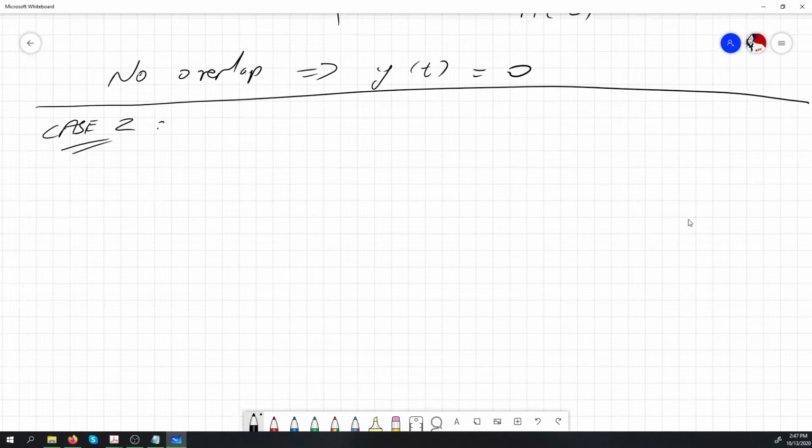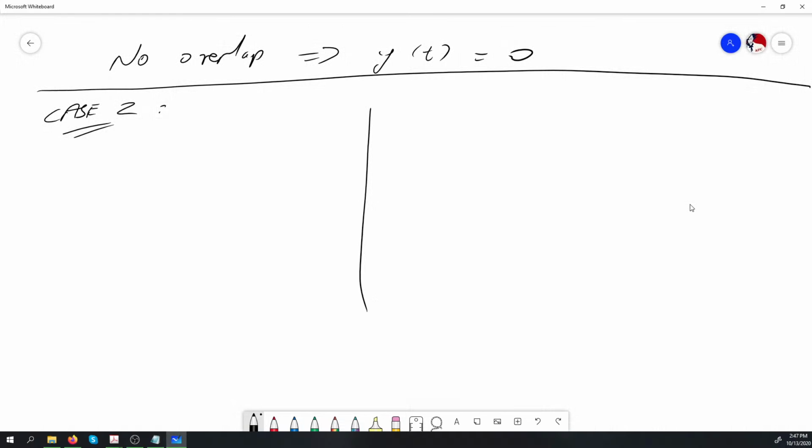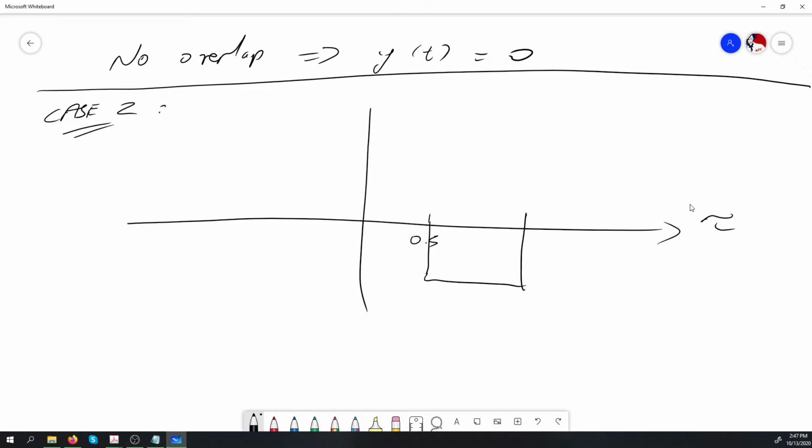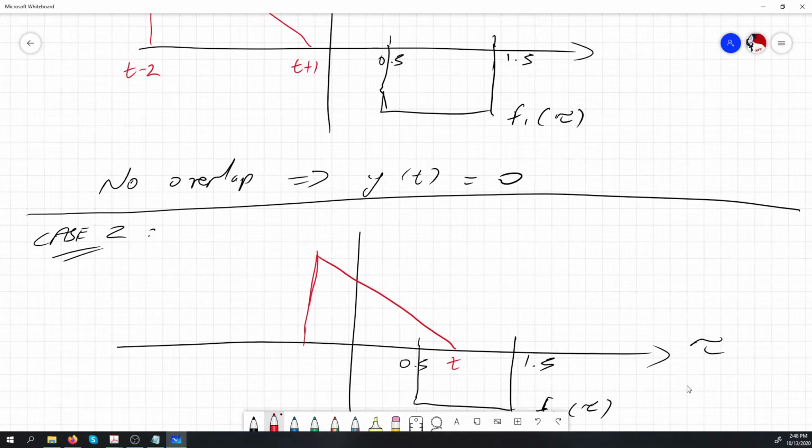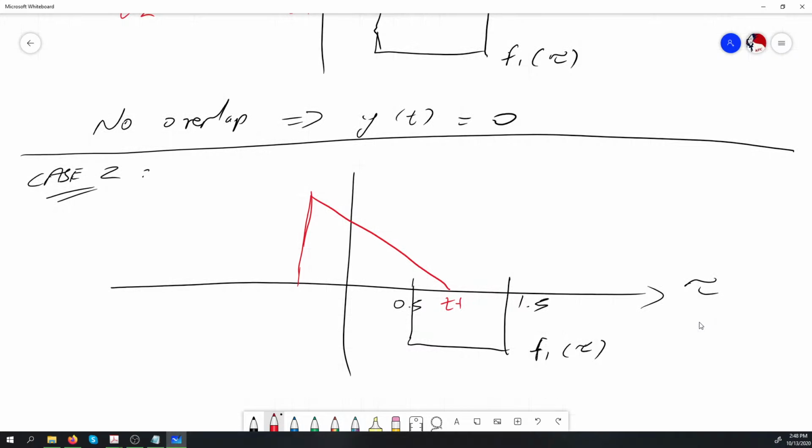And we're going to redraw our graphs here accordingly. And let's draw here where we now start to actually intercept inside our f1 of tau signal. So this here was t plus 1.